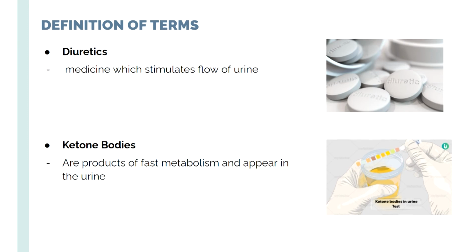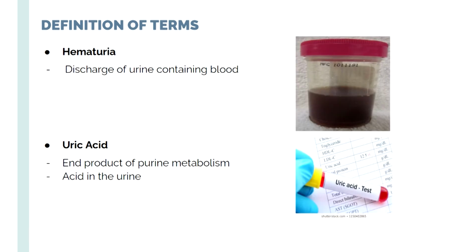Next we have ketone bodies, which are products of fast metabolism and appear in the urine. Next we have hematuria, which is discharge of urine containing blood. Lastly, we have uric acid, which is the end product of purine metabolism, and acid in the urine.